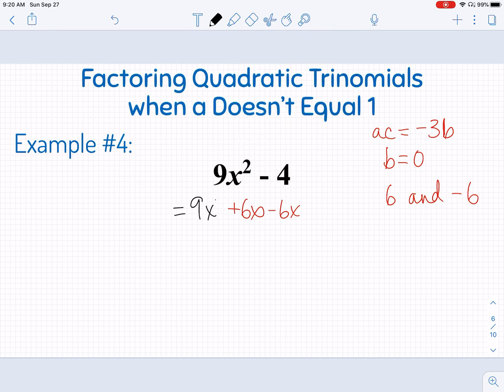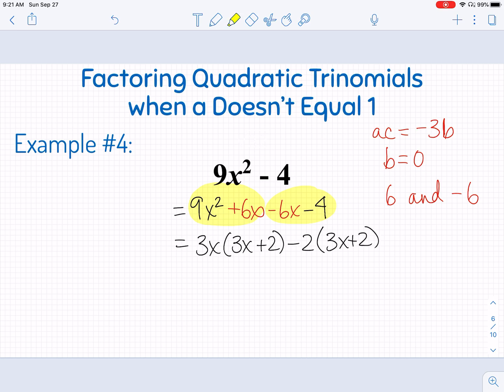Always have an equal sign at the beginning. It shows equality from one line to the next. And then I'm going to say the GCF between 9x squared and 6x is 3x. And the GCF between negative 6x and negative 4 is negative 2. And then on this line, I have to ask myself, what is the GCF between the first term and the second term?